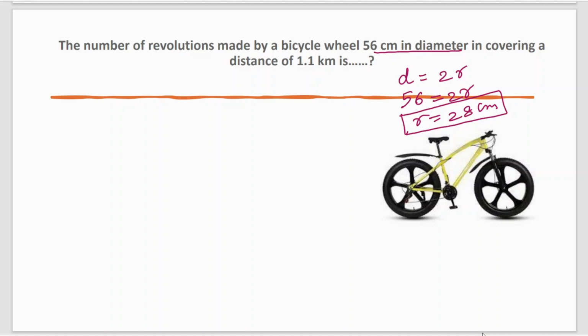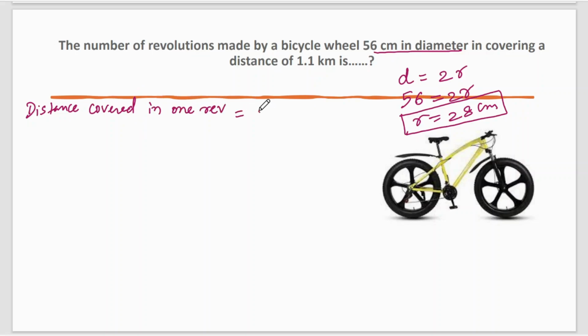What is the formula we are going to use? Number of revolutions equals total distance covered divided by the distance covered in one revolution. That means we have to find the distance covered in one revolution first. So let me find that.